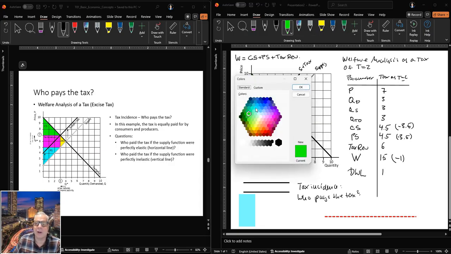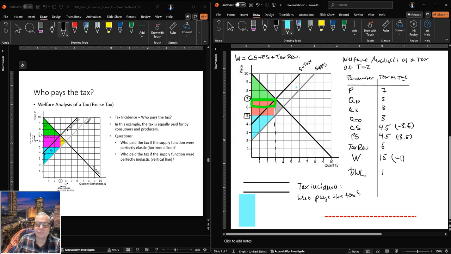And likewise, this lower area here used to be producer surplus, and that's also now going to the government. So in this case, we can say that the tax is paid equally by producers and consumers. But that doesn't have to be the case.